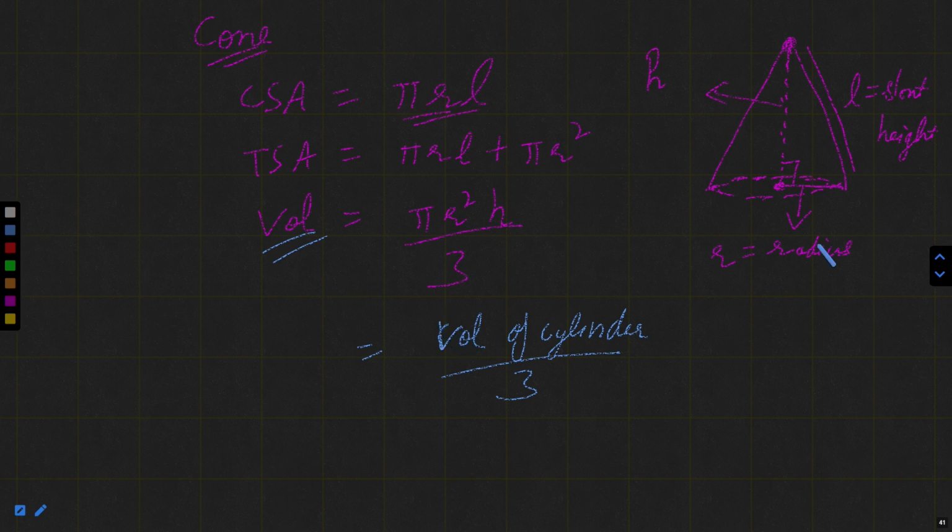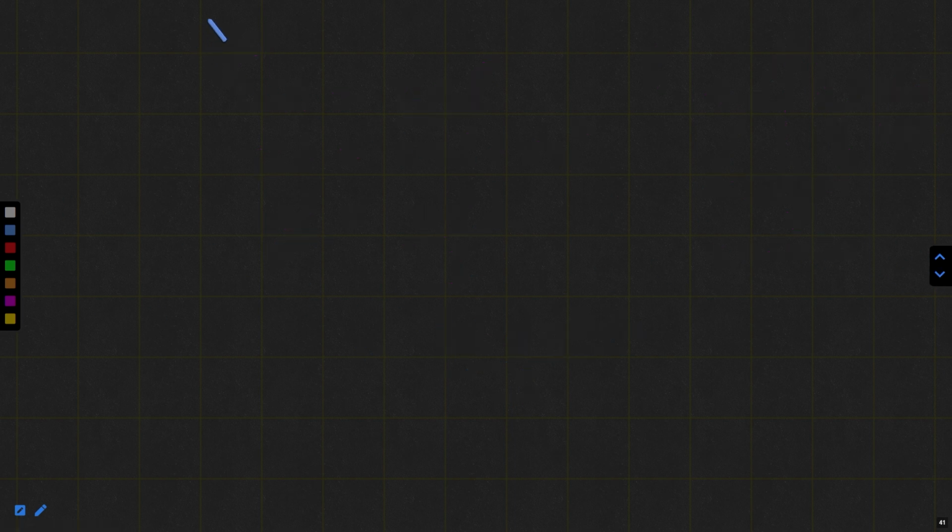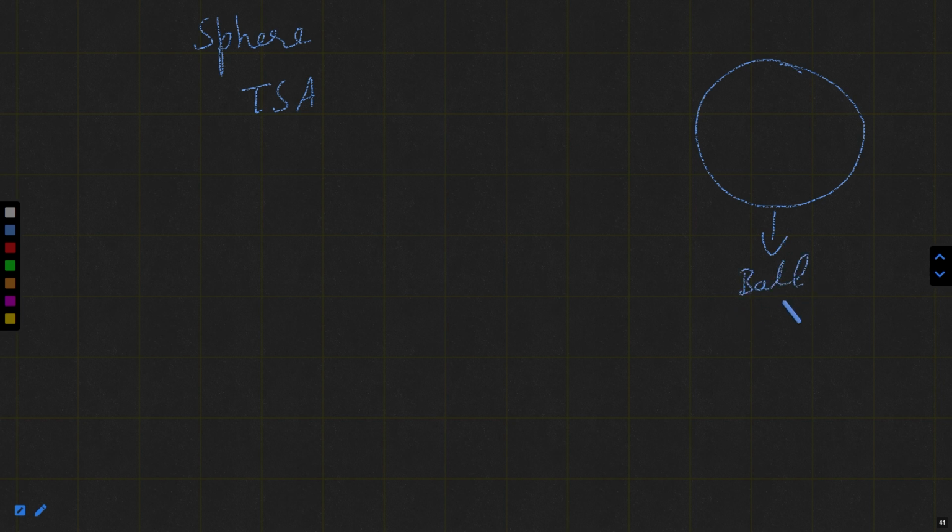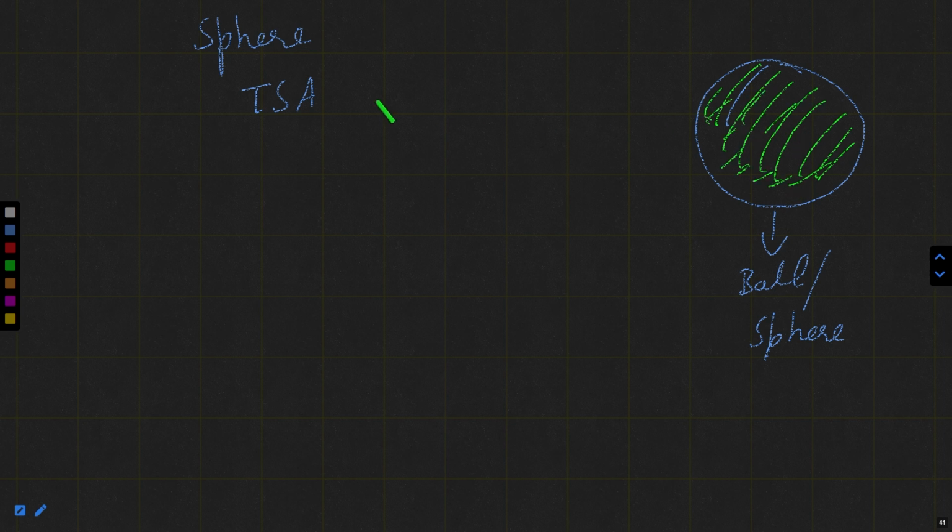Okay, now for the sphere we have the total surface area. For sphere we consider a ball, a solid ball. Okay, so the surface area is the whole outer part.